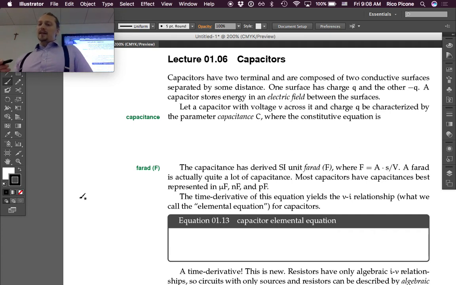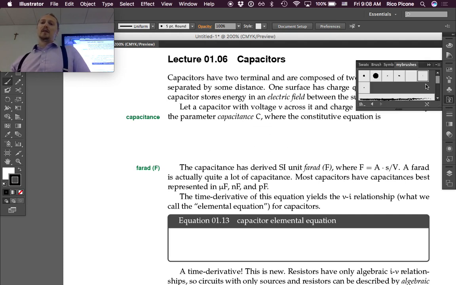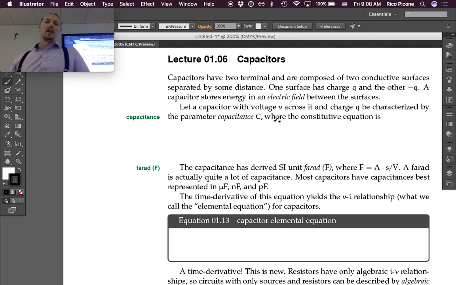So let a capacitor with voltage V across it and charge Q be characterized by the parameter capacitance, C. Okay? So for a capacitor, like a resistor, there is a parameter that describes its properties. And the capacitance is that for the capacitor.